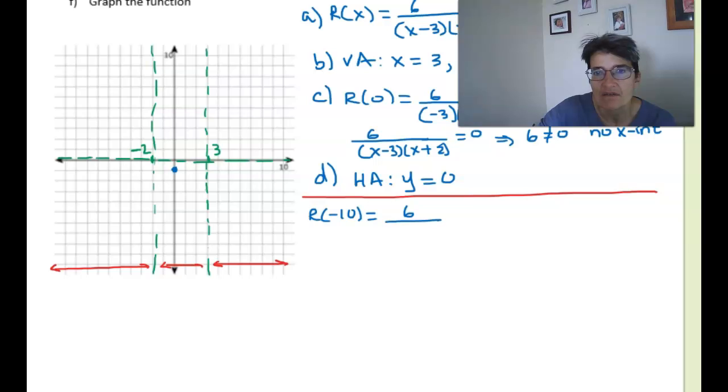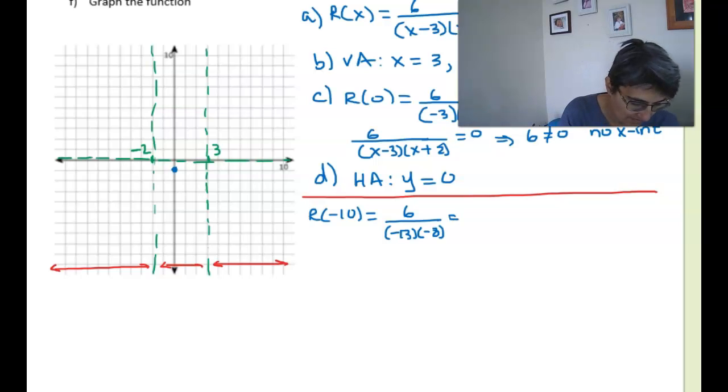So we have 6 over negative 13 over negative 8. And that gives me positive 0.06. So it looks like we're up in this region.